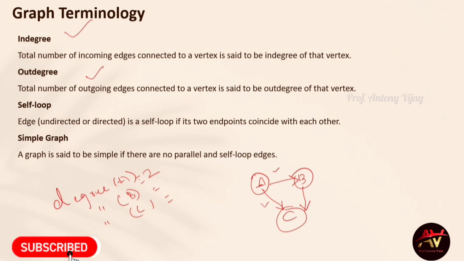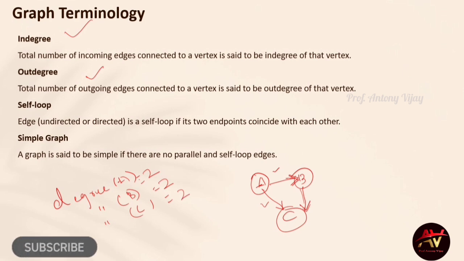What about the degree of B? B is connected with one vertex and again this outgoing vertex, so 2 degrees. And for C also one from A and one from B. Generally we are speaking of degree.